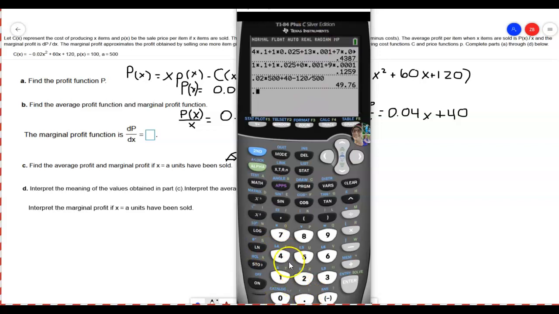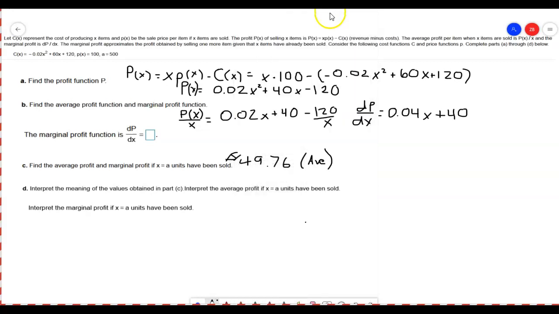So 0.04 times 500 plus 40, and that's 60. All right, so that would be our marginal profit. So $60 at 500 units would be our marginal.